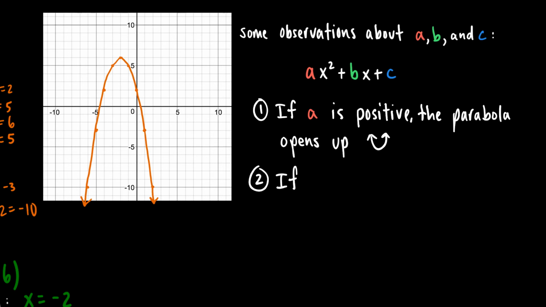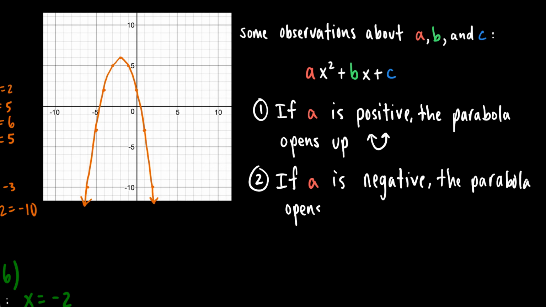If a is negative, I think you can see where we're going with this. If a is negative, the parabola opens down. So it'll have a general shape. It'll look kind of like this. That's a terrible parabola. It's like all jagged, crooked. There we go. That's a little better.